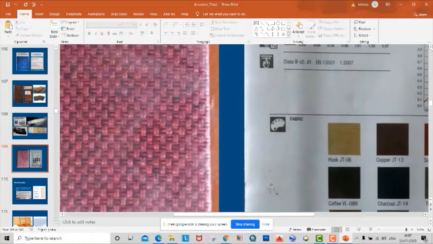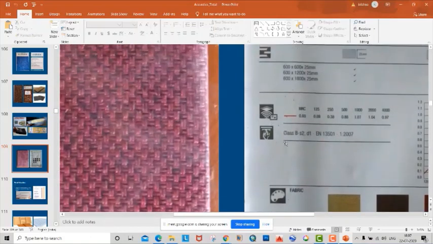Actually the picture is not very clear, but tell me if it is visible. Yes sir. So this is NRC 0.85, that is good sound absorbing material.